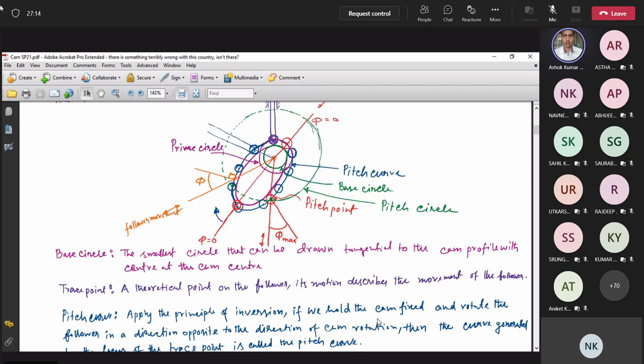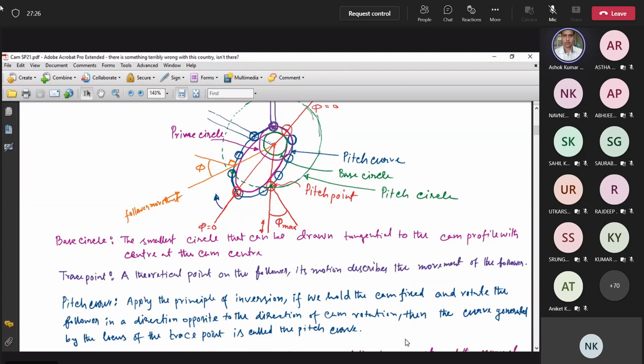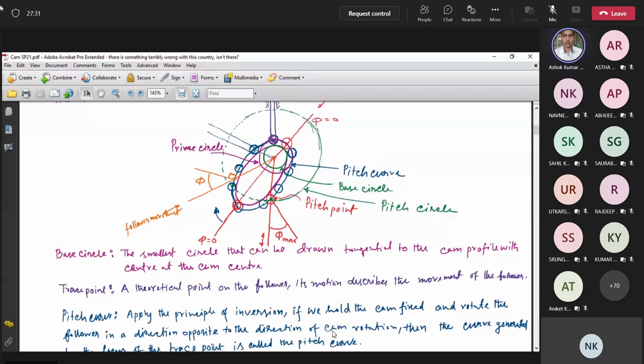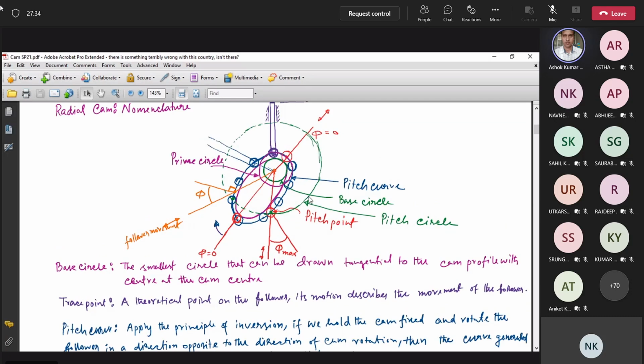If we hold the cam fixed and rotate the follower in a direction opposite to the direction of cam rotation, then the curve generated by the locus of the trace point is called the pitch curve. For example, suppose this is the cam and we are not rotating the cam, we are rotating the follower. At some instant the follower is here, at the next instant the follower is here, at some other instant the follower will be here.